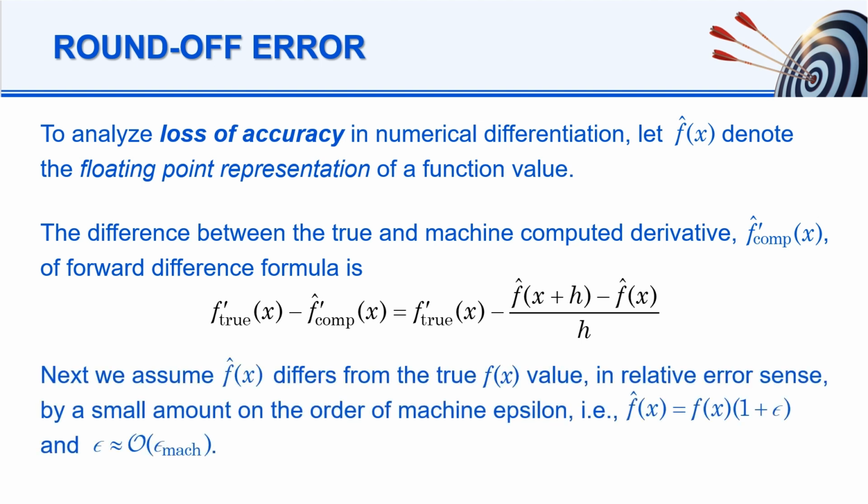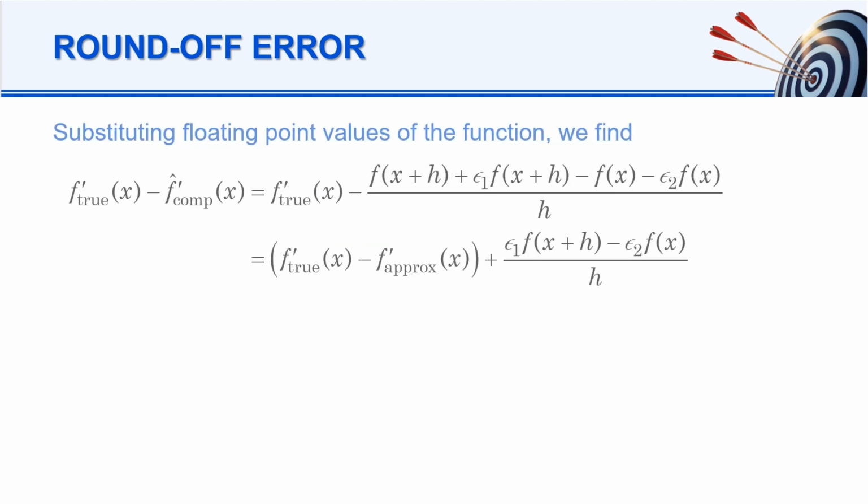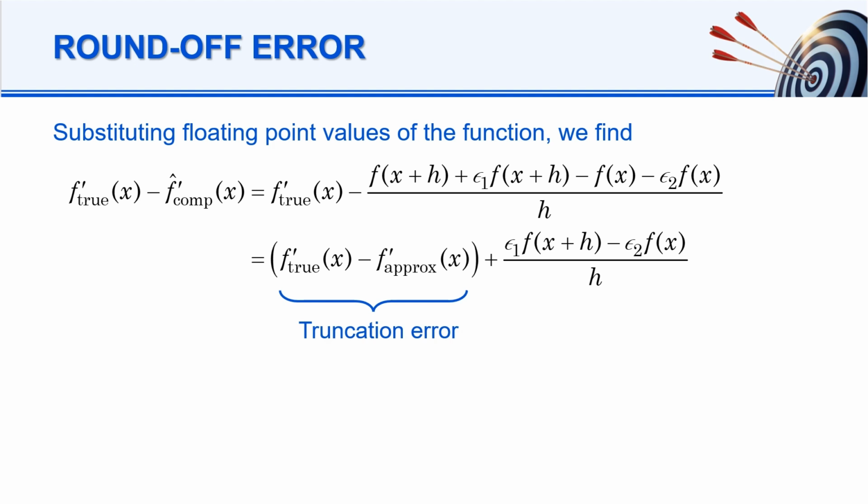Next, we assume f-hat(x) differs from the true f(x) value, in a relative error sense, by a small amount on the order of machine epsilon. Substituting floating point values of the function, we find the following. The first term denotes the truncation error, and the second term denotes the round-off error.